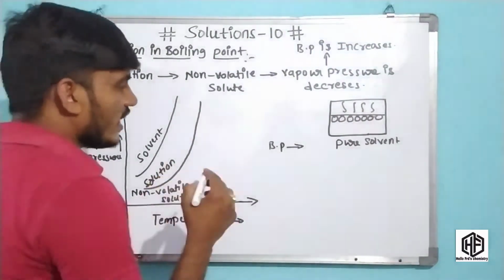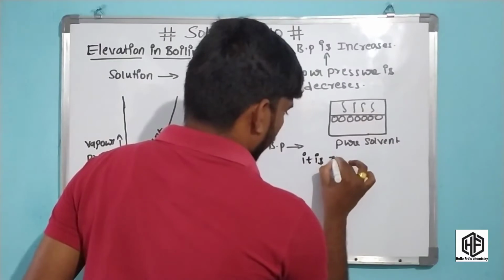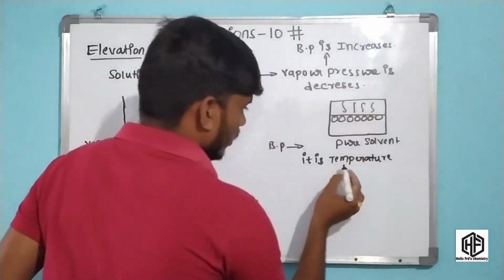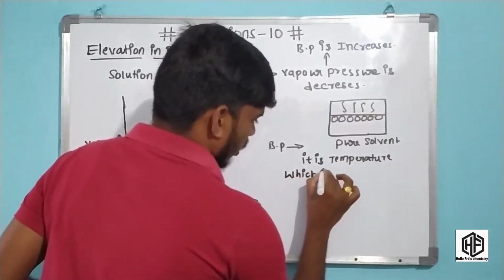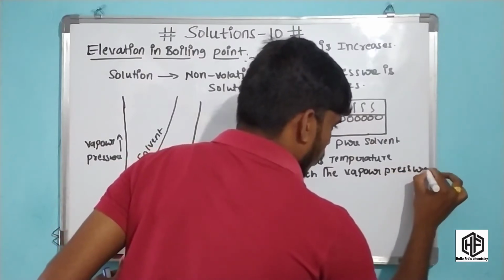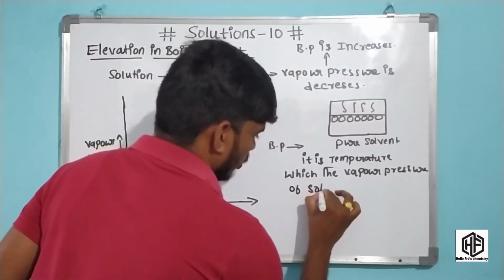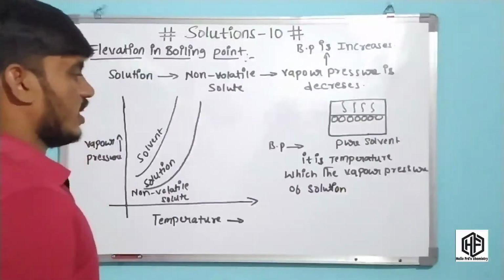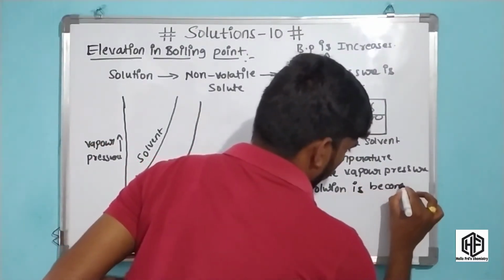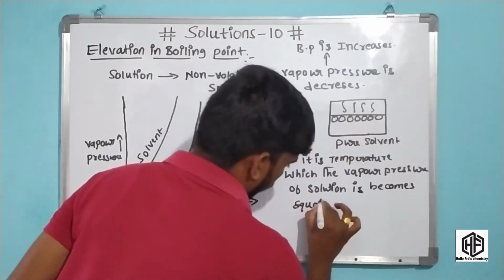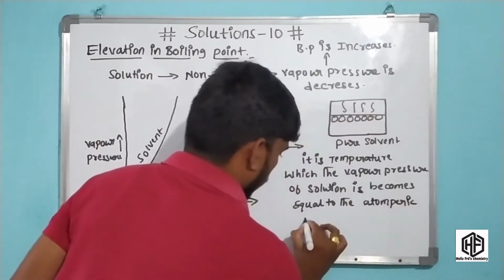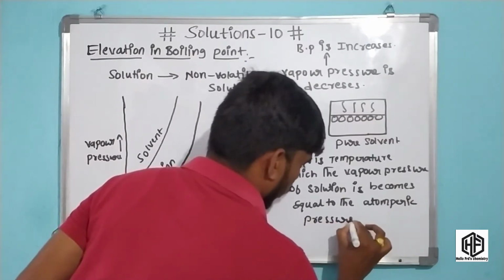Boiling point is the temperature at which the vapor pressure of a solution or a liquid becomes equal to the atmospheric pressure. That is called the boiling point.